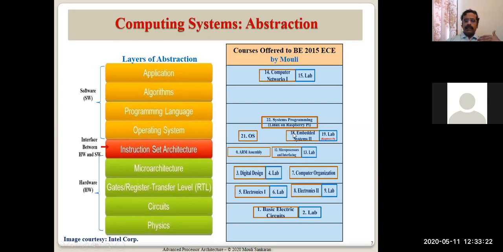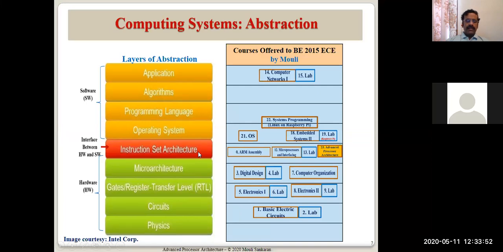Then we had a course on operating systems, which is purely software running on top of the architecture. And then recently we had a systems programming course, which is an interface between the application program and the OS. Then way back, we also studied computer networks. These are the courses I handled, and we are now going to concentrate on this area, which is instruction set architecture.